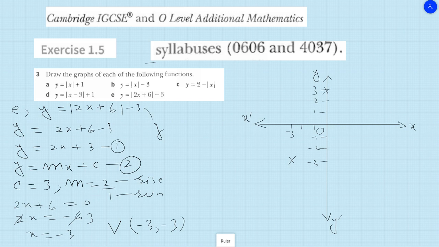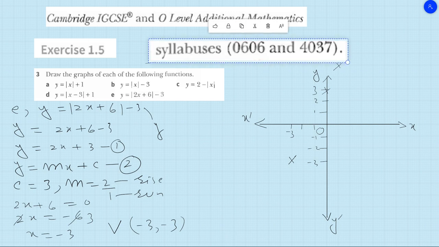It means rise is 2 and run is 1. This is the first point. I'm making some space.